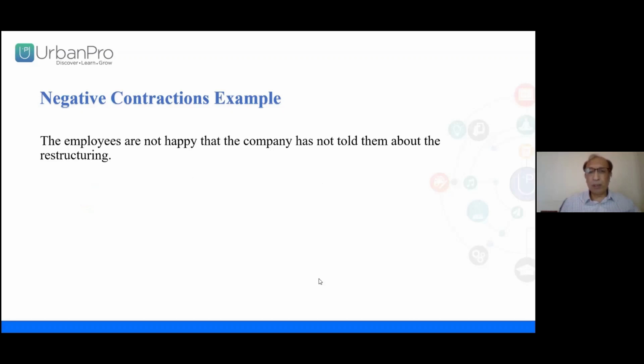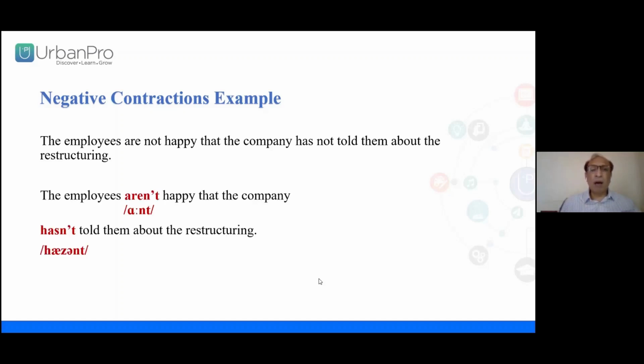Can you spot a couple of negative contractions here? Yes, I think the couple of negative contractions we can find here are are not and has not. The contraction of are not is pronounced as aren't and has not as hasn't. So let's have a look at it.